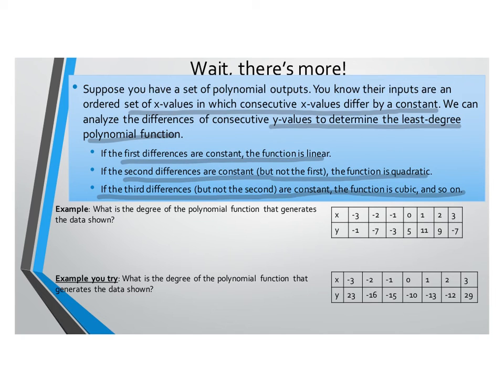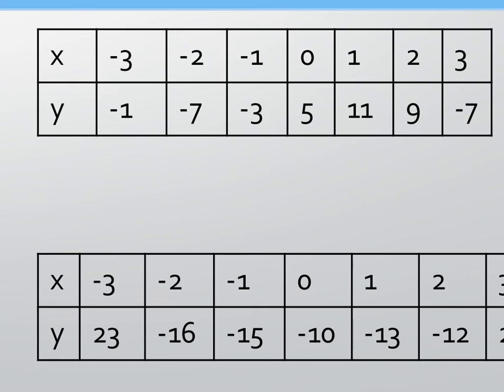So if we see a problem where it says, what is the degree of the polynomial function that generates the data as shown? It's actually pretty simple. All we're going to do is just some basic subtracting. If I take negative 1 minus negative 7, which in turn is positive 6.